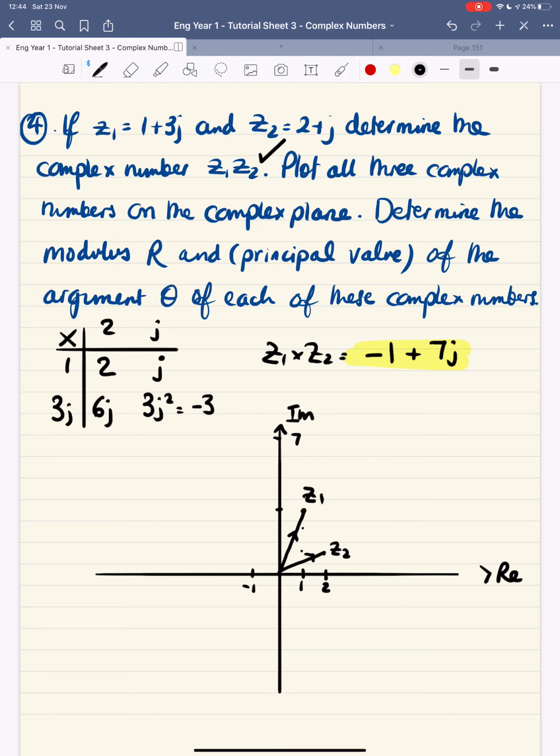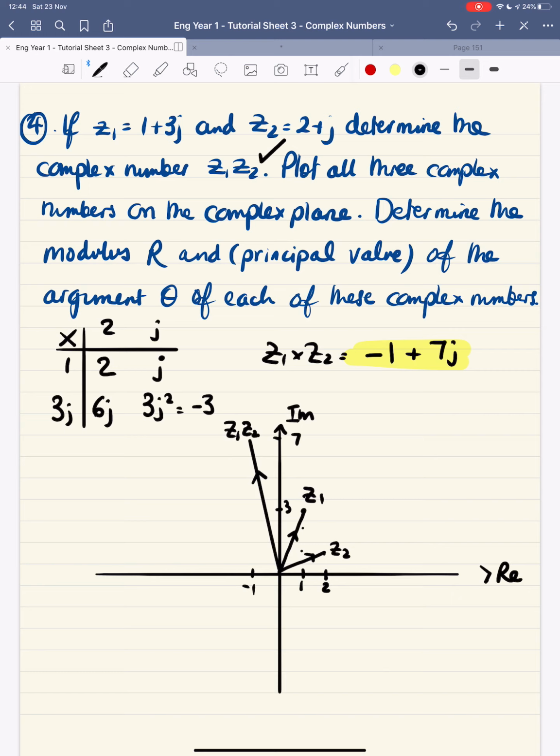So minus 1 is about there. That's 3. That's 7 up there. There we are. Straight line from there to there. Well, it doesn't want to draw that there. Let's try again. Straight line from there to there. That'll do. Okay, there. And that is z1 times z2 there.